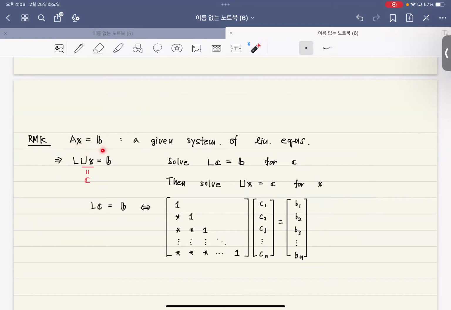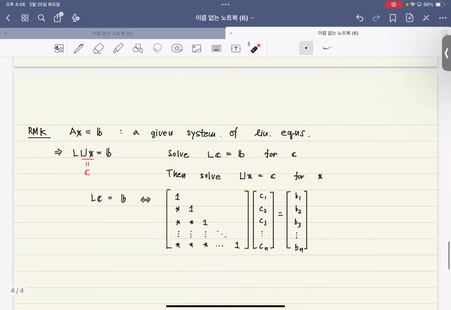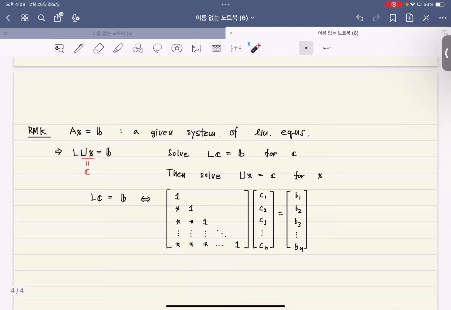Given a system of linear equations, suppose that I had an LU factorization of this matrix A. Then I am good to replace this A by L times U, right? Now, this is what I'm supposed to do. I declare U times X to be some other column vector C. C is defined to be U times X. Then this whole equation reduces to L times C equals B, right?